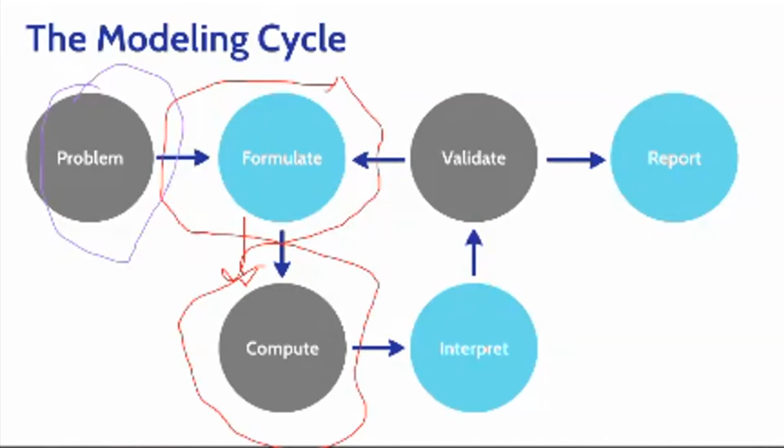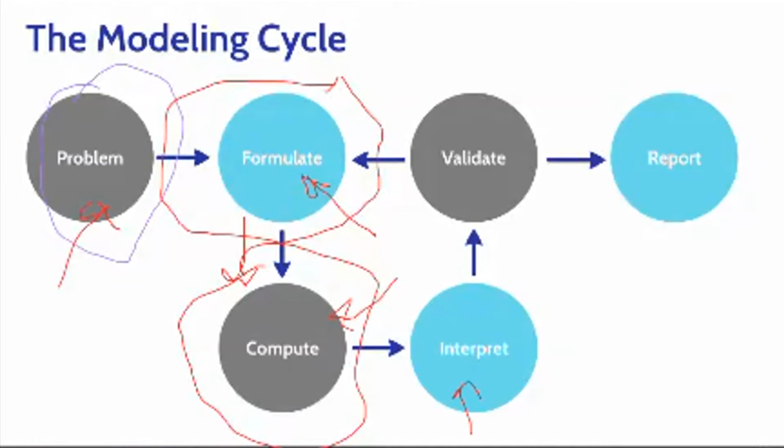So we identify the problem, then we put the problem into math terms, then we compute those math terms, then we interpret what our answer from the compute stage meant. In other words, we start with a real world problem, put it in math terms, compute those terms, and then interpret what our answer was.